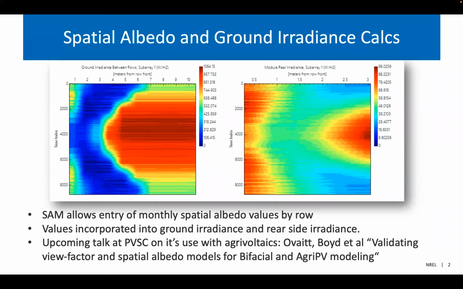That then impacts the ground irradiance and the rear side irradiance. At PVSC, our colleague Silvana will be presenting on the use of this capability in conjunction with agrivoltaics, which is one of the areas we see a lot of growth in, and where changes in albedo underneath the system will probably be really important.